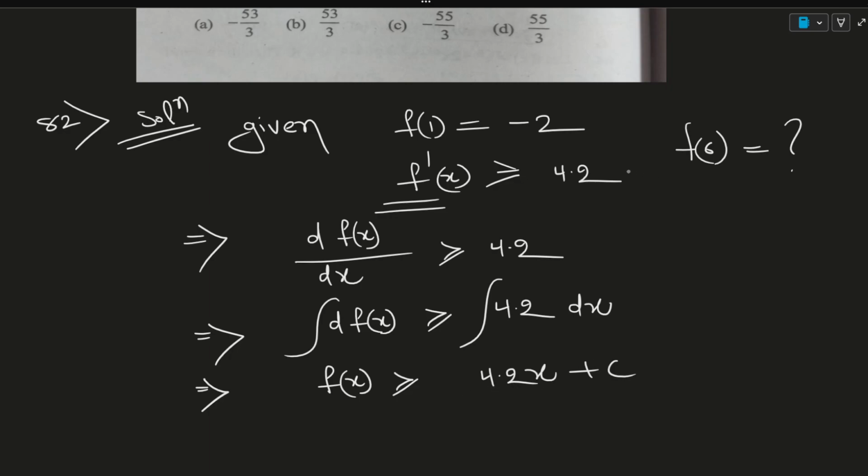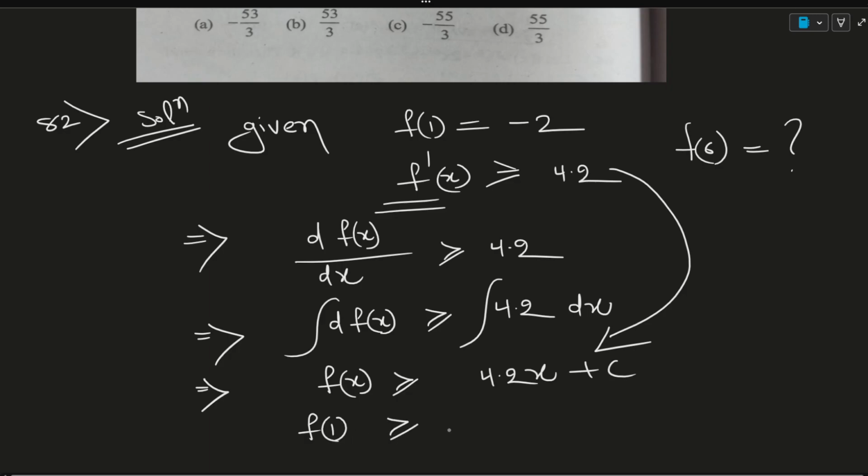So we got this inequation. Now we are given f of 1 equal to -2. We will apply this condition in this now. Let me put f of 1 here, then it will be greater than or equal to 4.2 into 1 plus c.